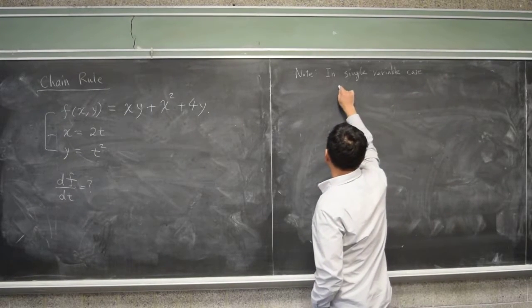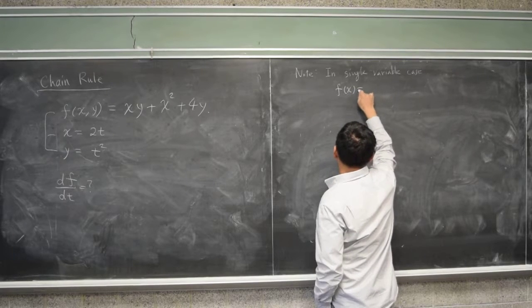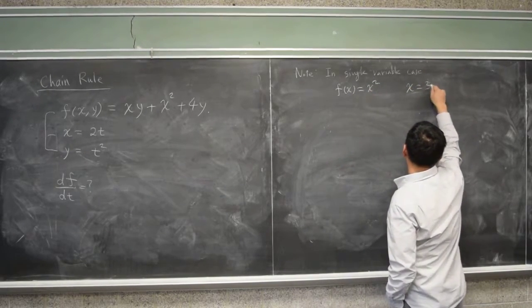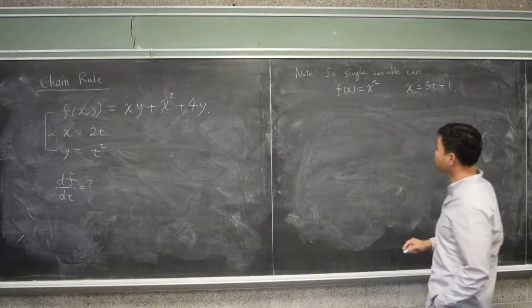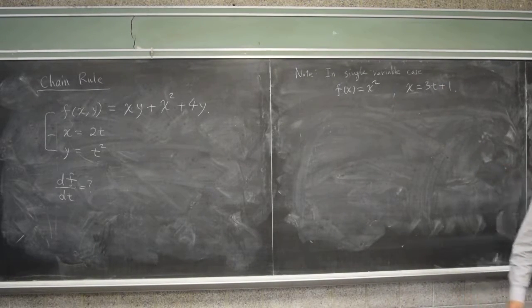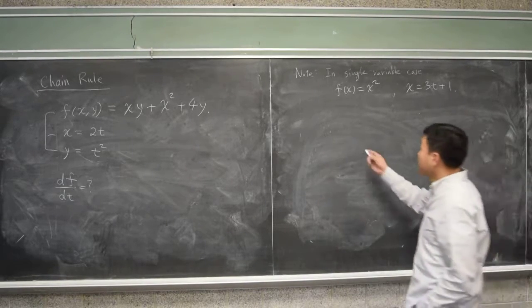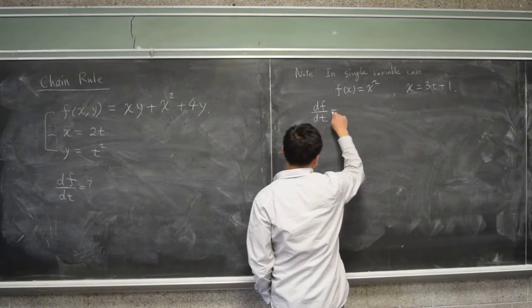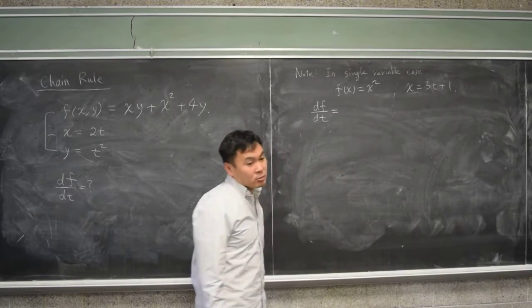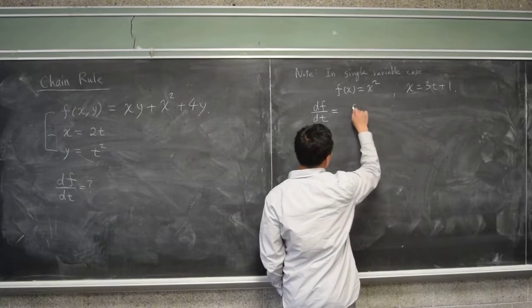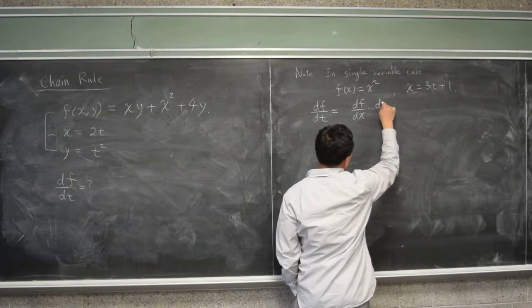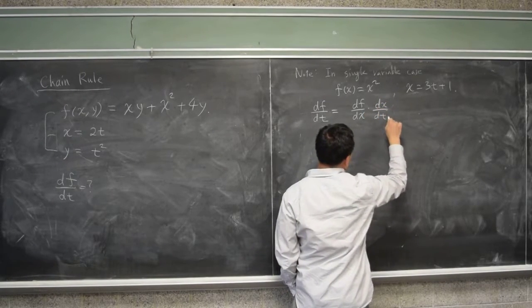If you had f of x equal to x squared and x equal to 3t plus 1, and you wanted to know the change of f over change of t, it was simply df over dx times dx over dt.